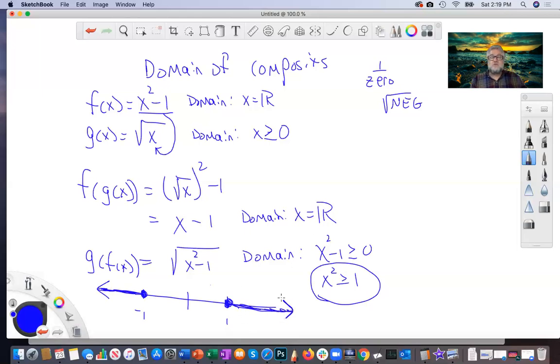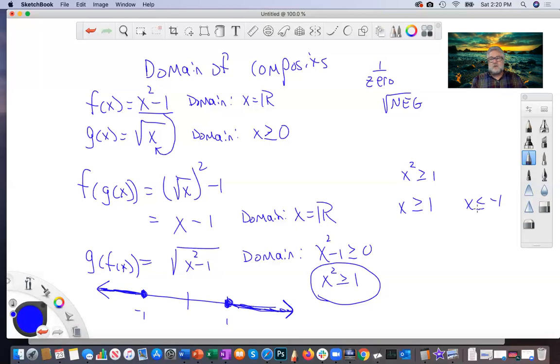So the way we solve this algebraically is if I have x squared greater than or equal to 1, when I take the square root of both sides, one of the solutions would be x greater than or equal to 1, and the other solution would be x less than or equal to negative 1. That's what you do when you take a square root with inequalities, okay?